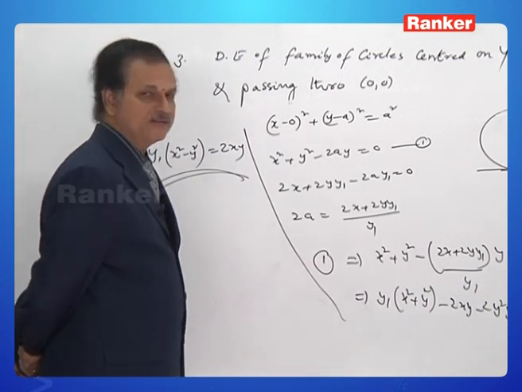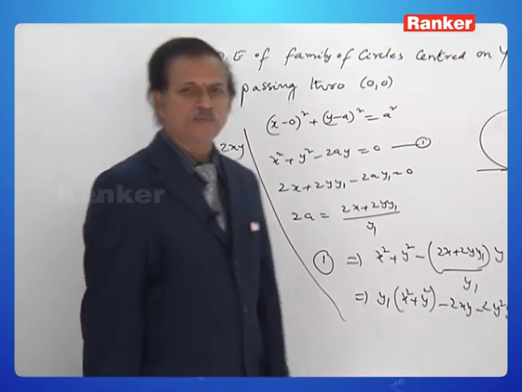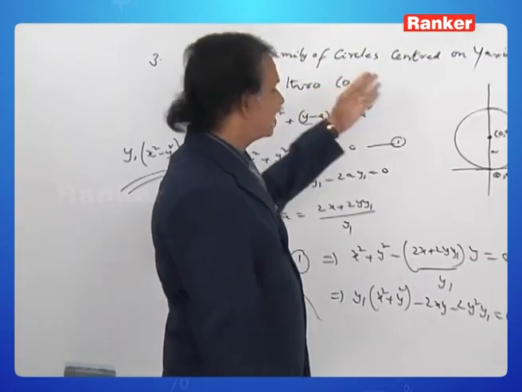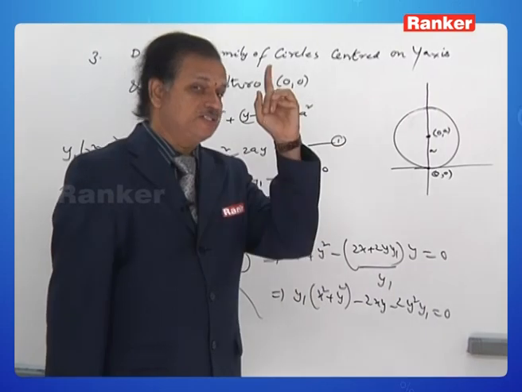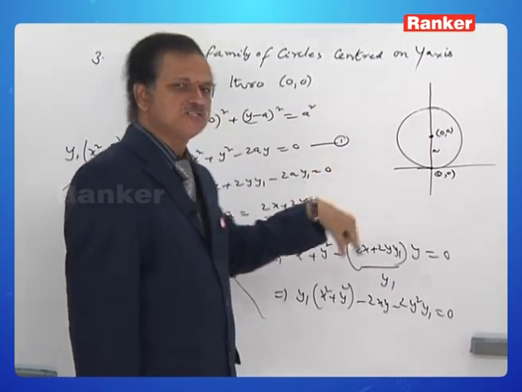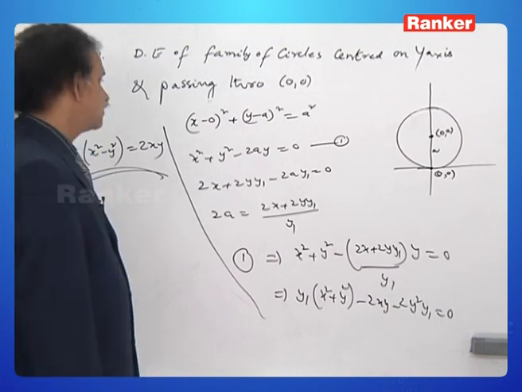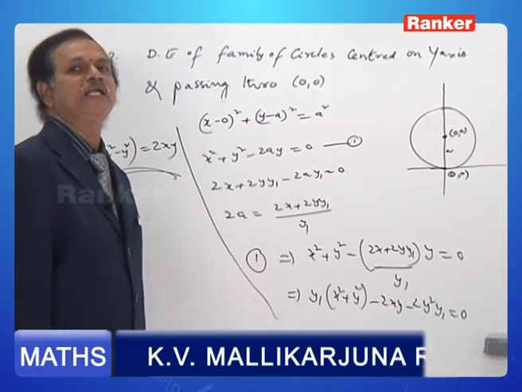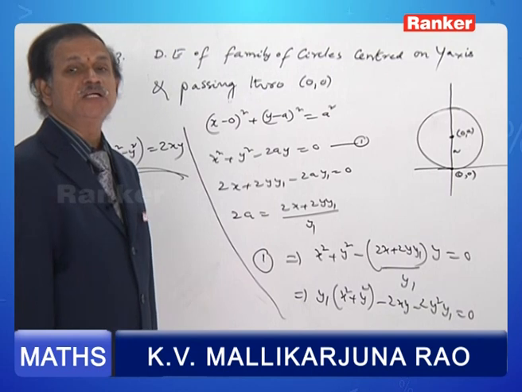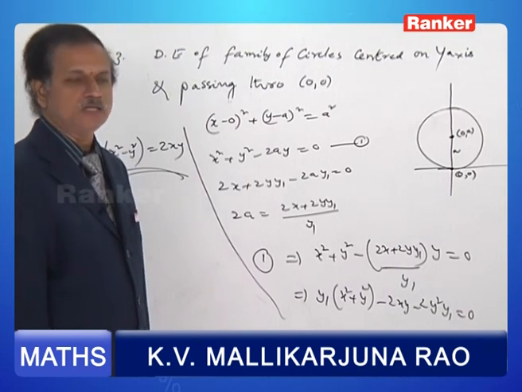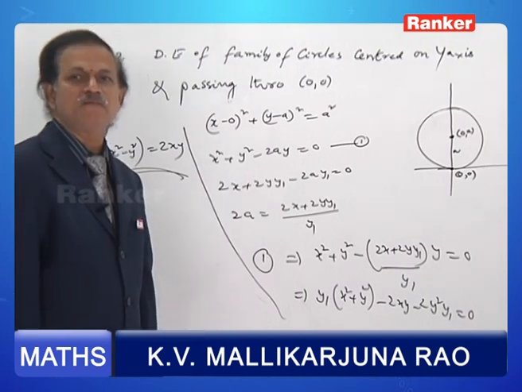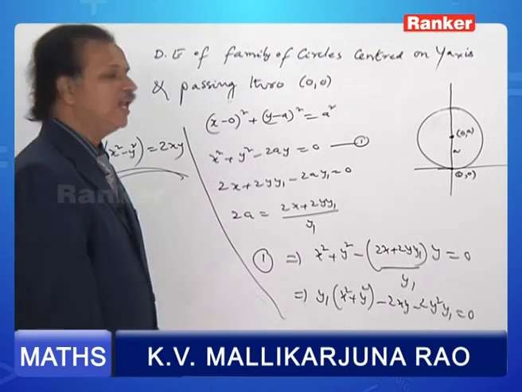Look at that, my dear. Previously, in the previous problem, they are centered on x-axis. You observe that differential equation and this differential equation. There are a lot of differences there, you know. Depending on the nature of the equation of the given family, the differential equation will also be changed like this.